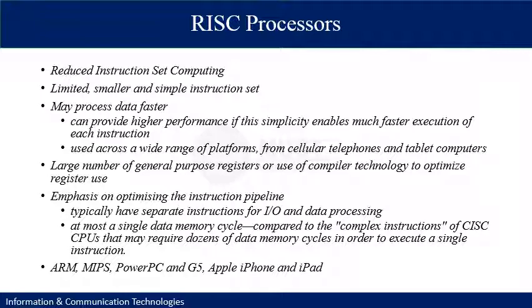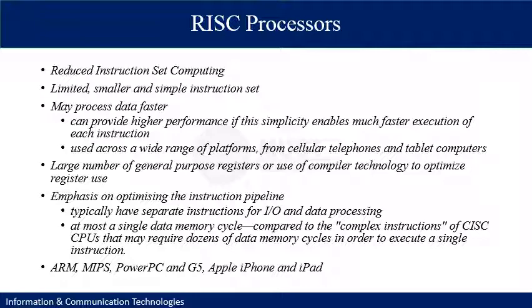The second one is reduced instruction set computing or RISC. Again, the name suggests it has a limited, smaller and simple instruction set, and it may process data faster because it can provide high performance if this simplicity enables much faster execution of each instruction.